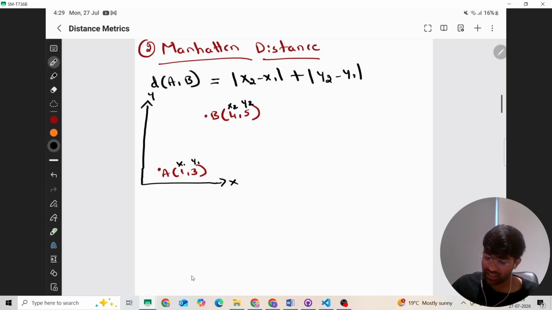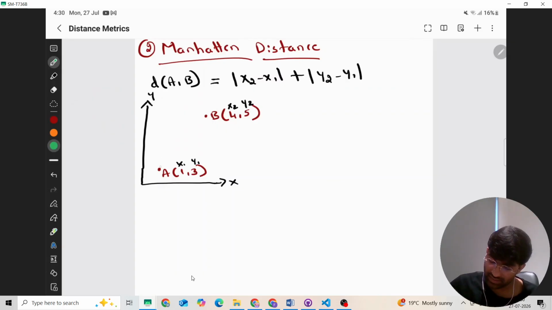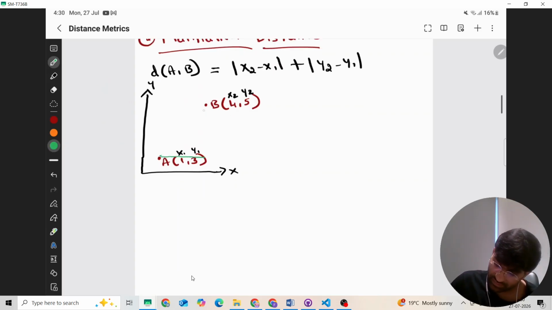So how is it calculating the distance? It is not calculating the direct distance between A and B. No, it is calculating the distance like this. Got it? I will draw it neatly.